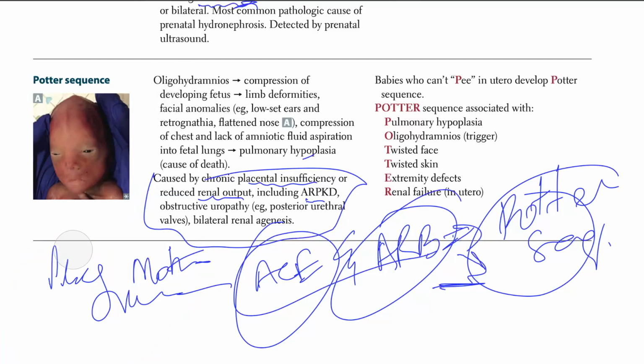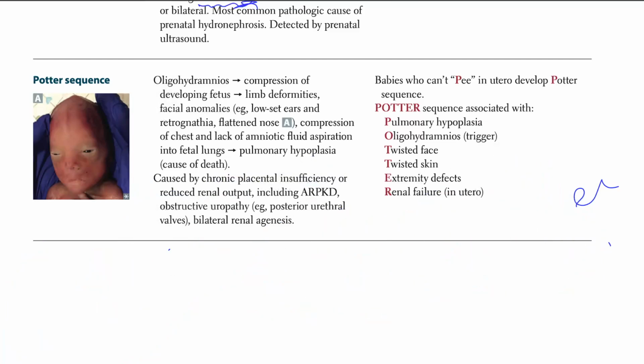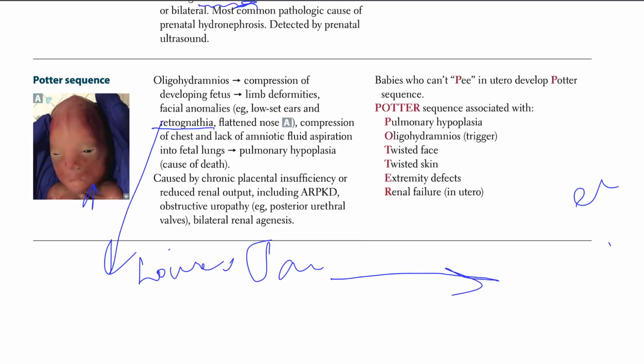And for the retrognathia, what is this? Retrognathia is when the lower jaw, if you look at the lower jaw, is further back than the upper jaw. So upper jaw is, let's say, here, and it should have been at the same point, but now you have the upper jaw, let's say, and you have the lower jaw.